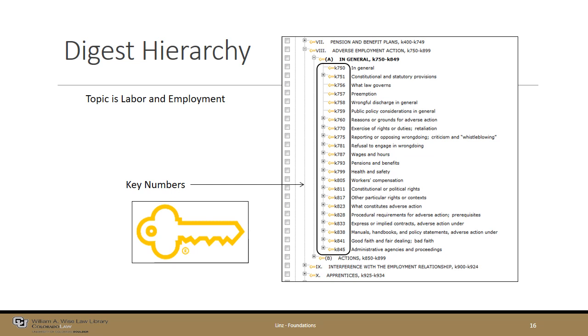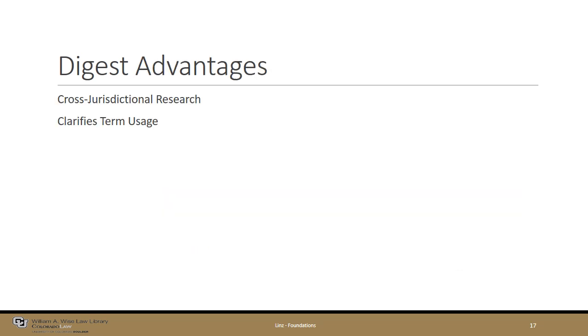These include such subtopics as the law that governs preemption or wrongful discharge, wages and hours, etc. So together, in the West world, this is a topic and key number system. The key is a little trademark from West, and they attach the key symbol before the number that applies to the subtopic. Topic and key number system.